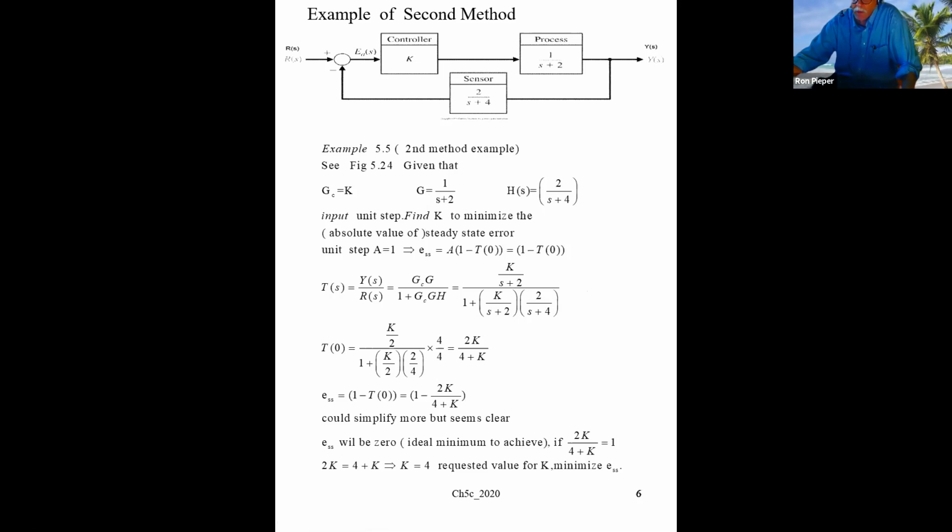We can just straight away set the s's to 0. And when we do that, we get a K over 2 in the numerator, a K over 2 in one factor in the denominator on the right, and a 2 over 4 in the other factor in the denominator. Now, for simplification, we can multiply by 1, which is in this case 4 over 4.